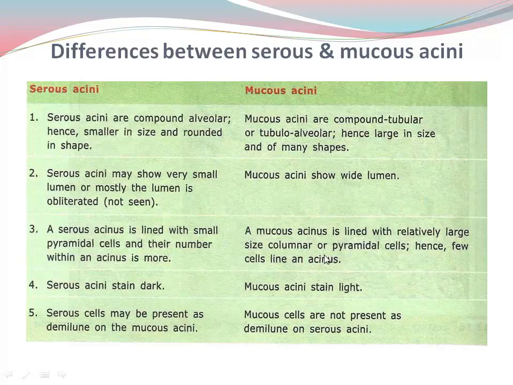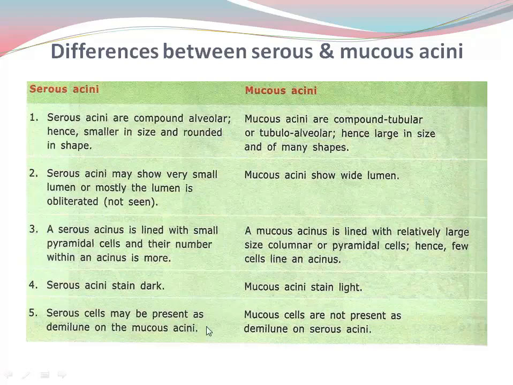That is the shape of the cells compared here. Serous acini stain dark. We have already seen that hematoxylin colors serous acini in dark color. In mucous, the H and E stain does not stain these mucous cells, so it is light in color.